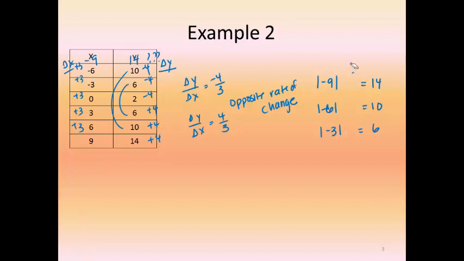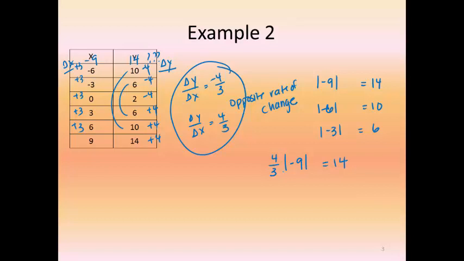But what I didn't take into consideration is that my rate of change is not 1. My rate of change is a negative 4/3 or a positive 4/3. So I wonder if that has anything to do with it. So if I slap a 4/3 on the front of this, how about 4/3 times the absolute value of negative 9? Does that equal 14?